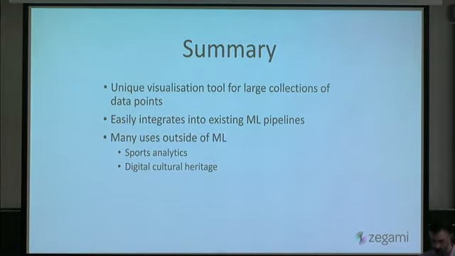So the quick summary is that Zegami is a unique visualization tool for viewing hundreds of thousands of data points. We're building a platform, and we're looking for more and more examples, inside of academia and outside of academia, of integrating into existing processes, or working to make life a lot easier when dealing with huge collections of images or other types of data.